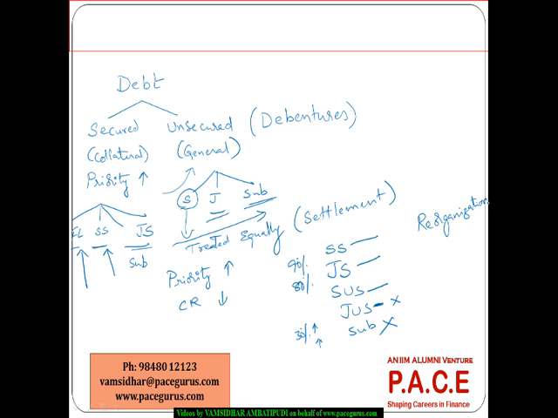Though theoretically we talk about it's a waterfall kind of a structure, in reality there could be some kind of a reorganization, because what we see is the bankruptcy settlement typically takes a long amount of time, and even there is a cost that is involved in it.